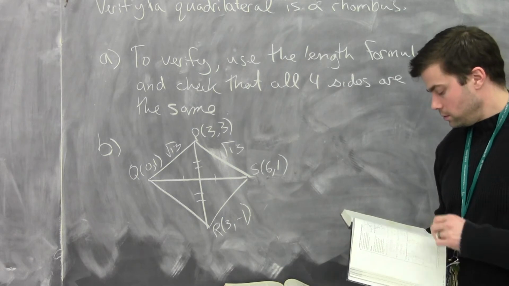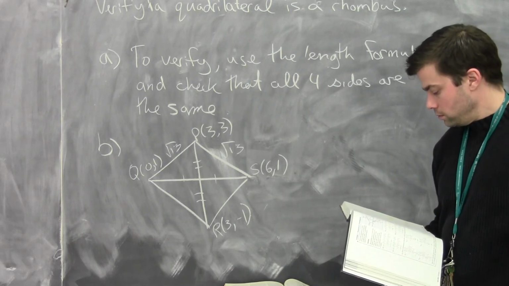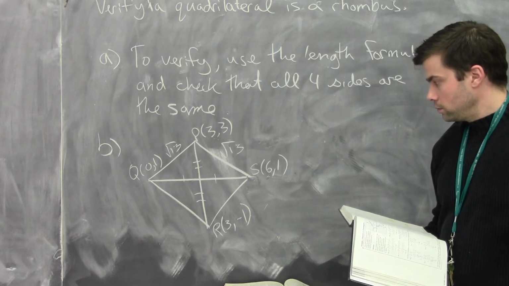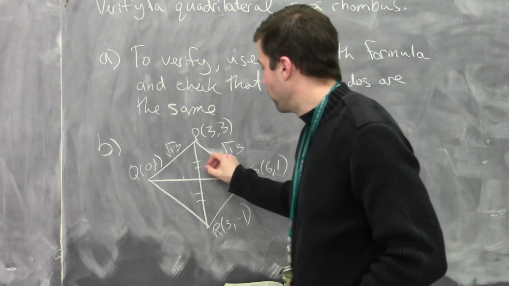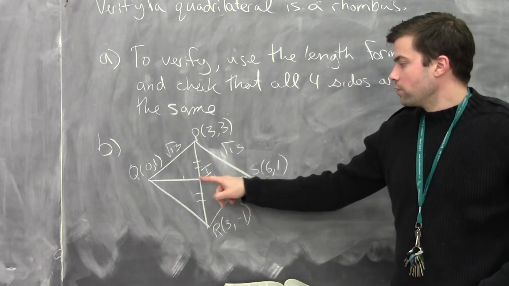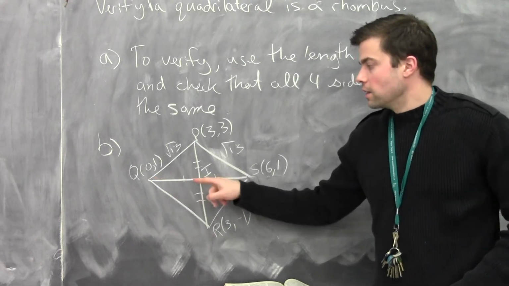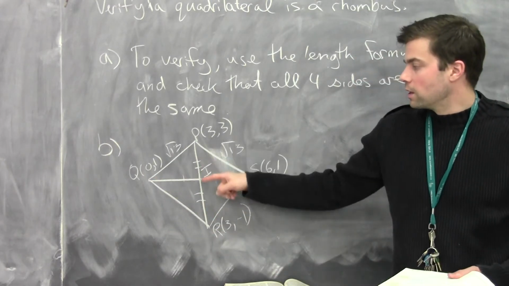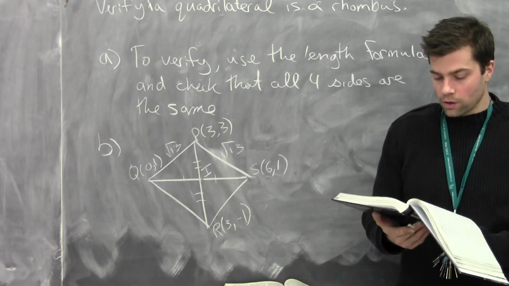And then once you get that midpoint, you check the length from the midpoint to one point. Right, so once you have this midpoint, or this intersection point, you can use the length formula, check this length, and ensure that they're the same length. And then you know that this line is bisected. Likewise, you could do the same thing on the other side.